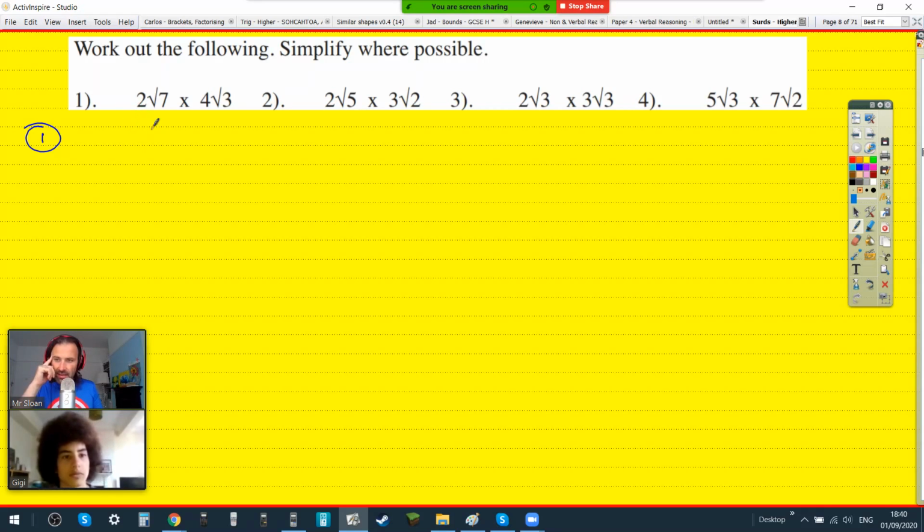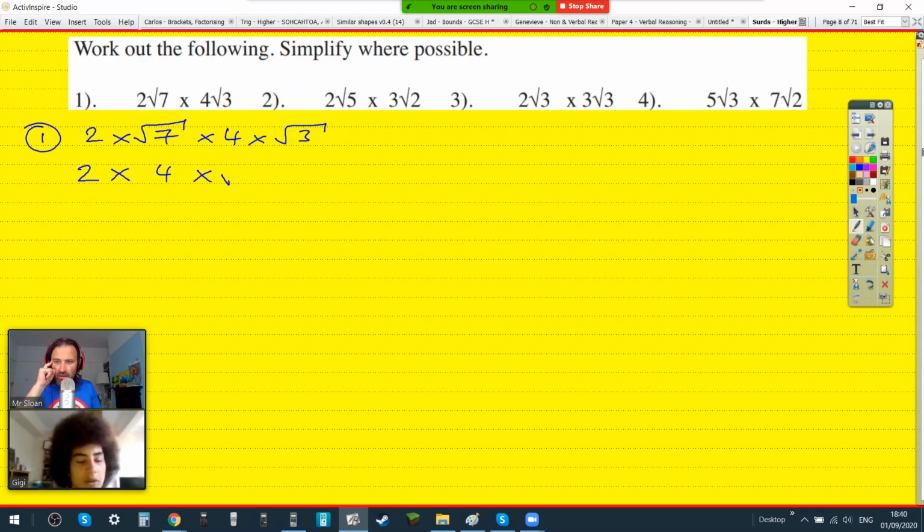Not like that. So the 2x is short for 2 times x. 2 root 7 is short for 2 times root 7. So then that's times 4 times root 3. So it's like times, times, times. 2 times 3 times 4. 4 times 3 times 2. Doesn't matter what order. 2 times 4 is 6, I mean 8.